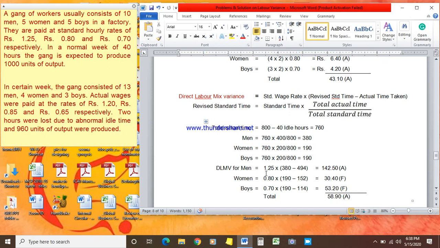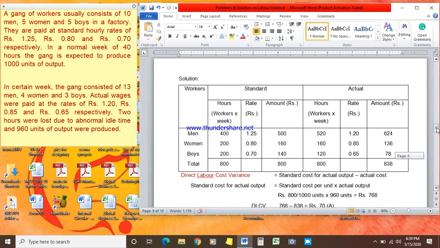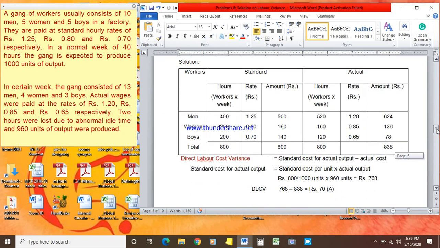Now accordingly the direct labor mix variance is equal to standard rate multiplied by revised standard time. So the revised standard time for the foreman is 380, and the actual hours spent by them is 494. Where does this 494 come from? If you observe here, 520 hours, if things are on the proper way, that is if all the workers have spent the time, then they have to spend 520.